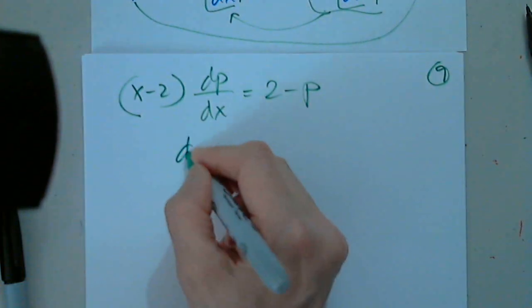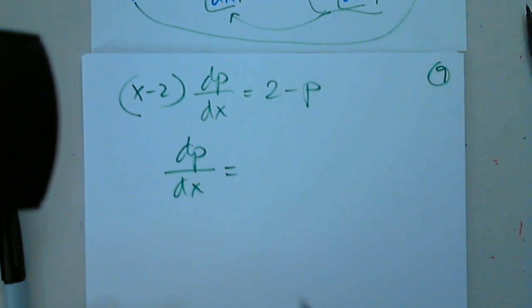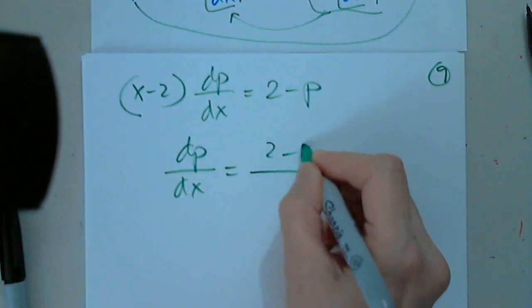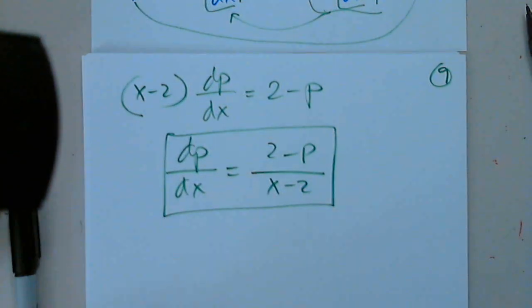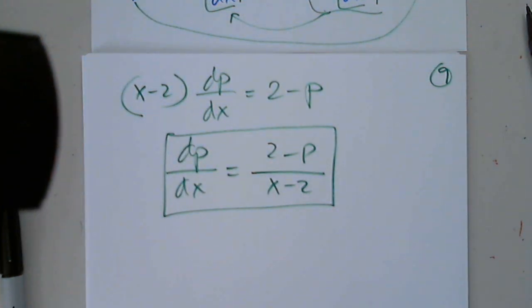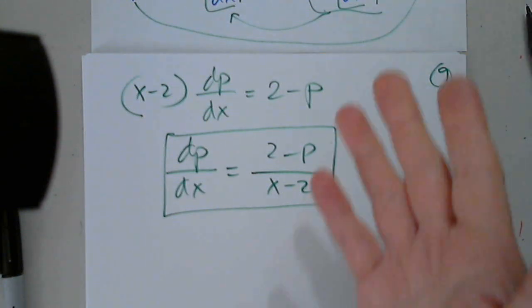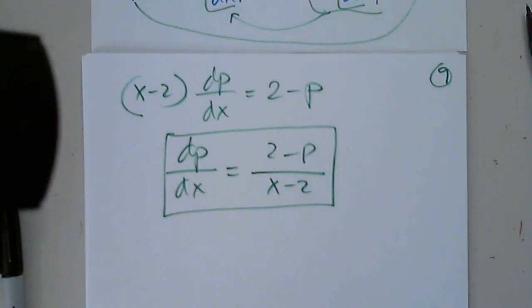Final step, dp over dx equals 2 minus p over x minus 2. That's it. So we determine the rate of change. Again, this was not a complicated situation, we could have solved for p.